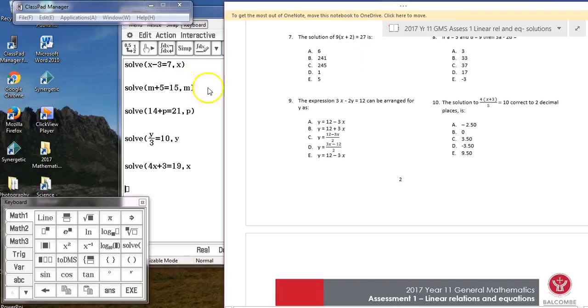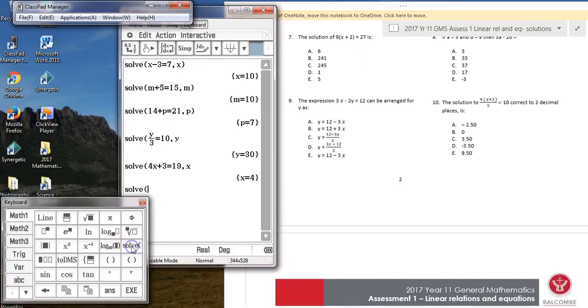Again, we're just going to use our calculator, so 9 bracket x plus 2, close brackets, enter, equals 27. You must close the bracket on that or your calculator is going to say it was not allowed. Find x, and x equals 1.